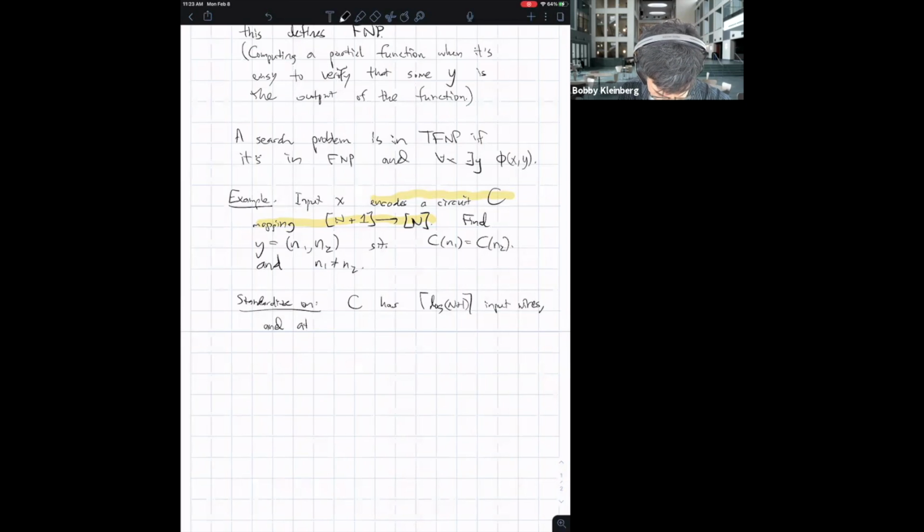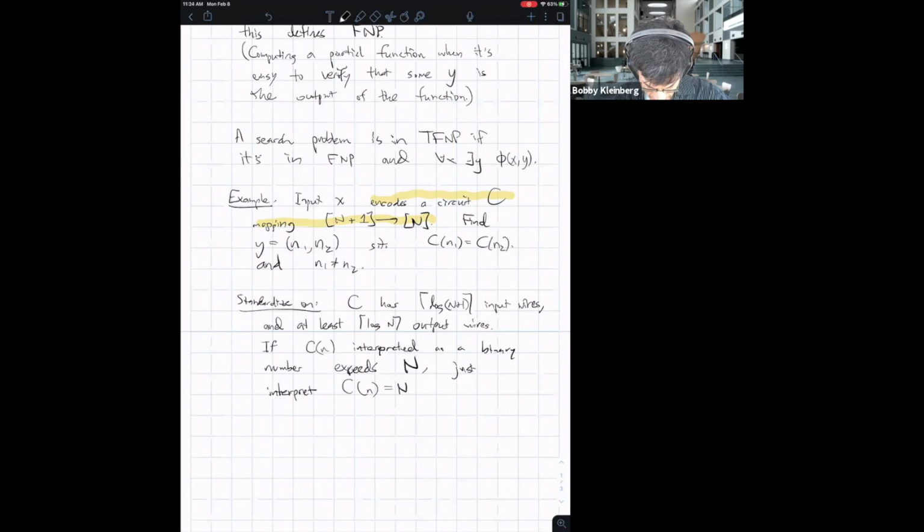And at least ceiling log n output wires. And if you evaluate C on some input, and interpret it as a binary number, and that number exceeds capital N, then we'll just interpret C of little n equals capital N in that case.